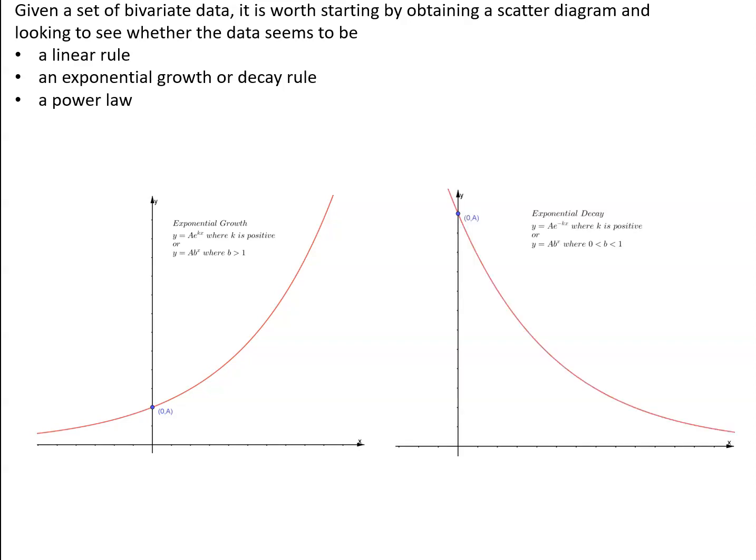An exponential decay curve has a similar formula, but clearly decays rather than grows, and it's got formulae y equals a e to the minus kx, where k is positive, or y equals a b to the power x, where b lies between 0 and 1. So those are the typical exponential growth and exponential decay curves.